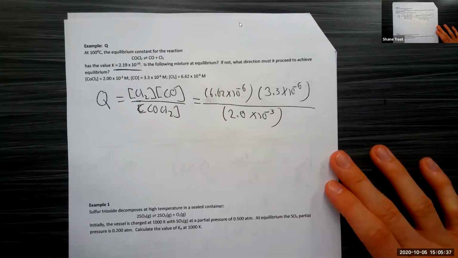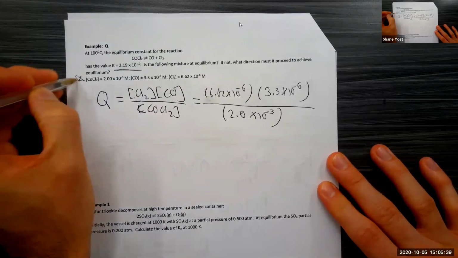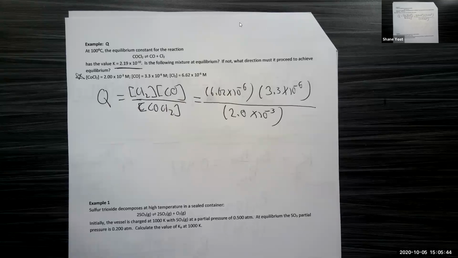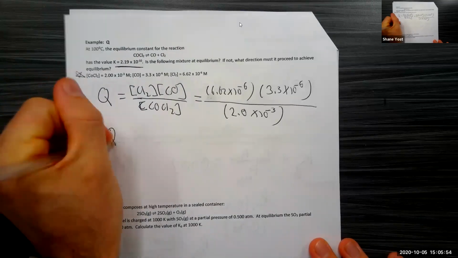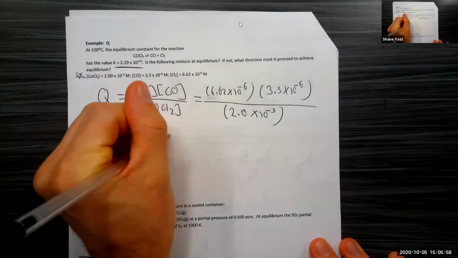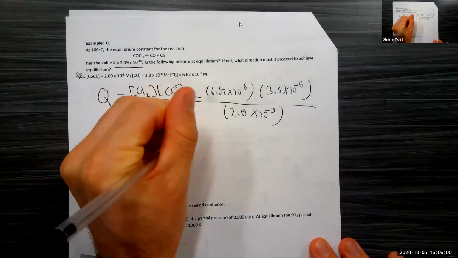I just got all those values from up here, so I just plugged in what was given in the problem. When you plug in all those numbers and simplify, you will get 1.09 times 10 to the minus 8.